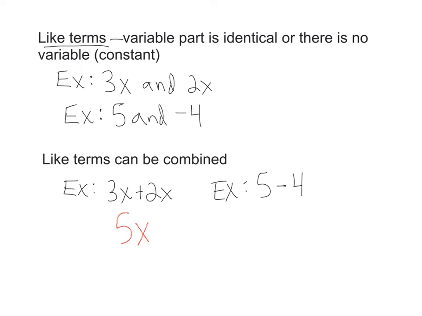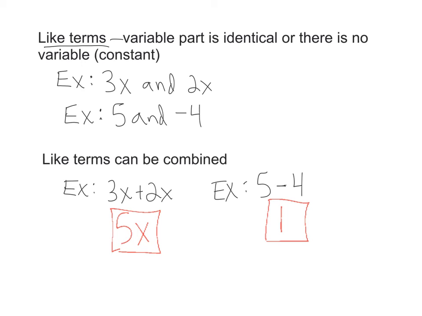In other words, 3 times a number plus 2 times a number is the same as 5 times that number. Obviously, we know 5 minus 4, those are like terms, I can take 5 minus 4, which would be 1. So, kind of a key thing there. They have to be like terms to combine.